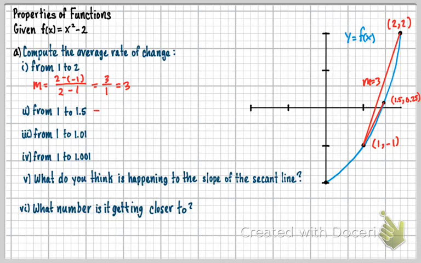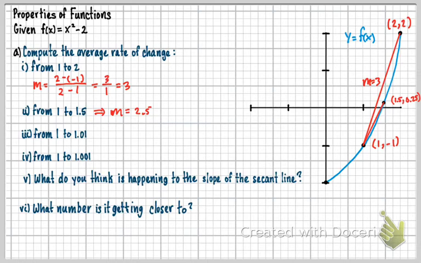So for this one here, M equals 2.5. So that tells me I went from 3 to 2.5.